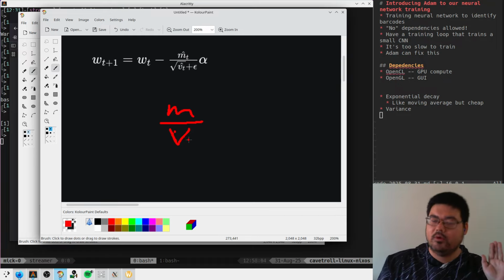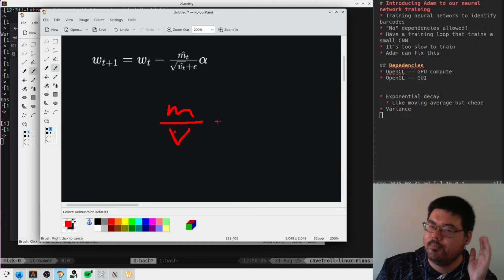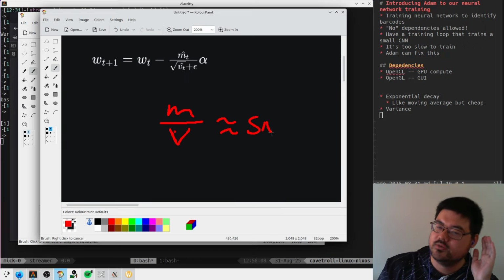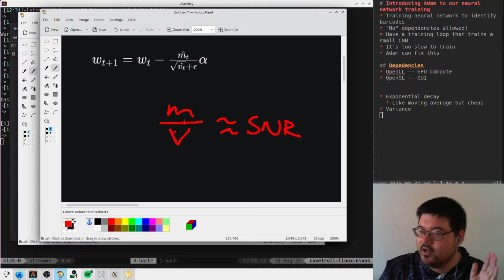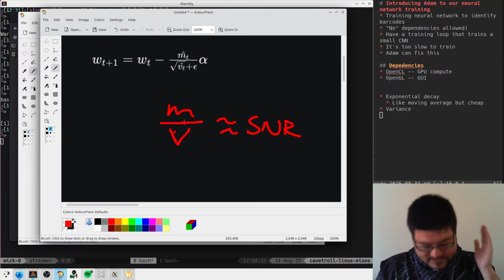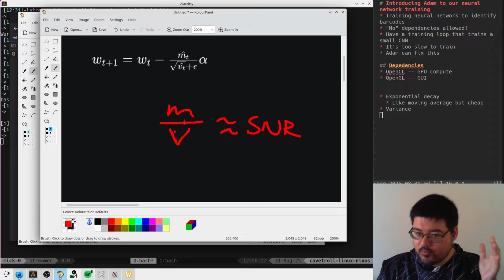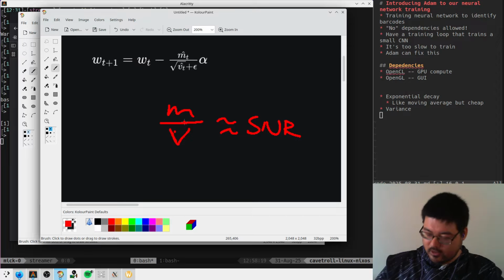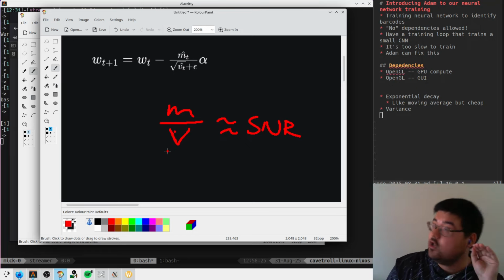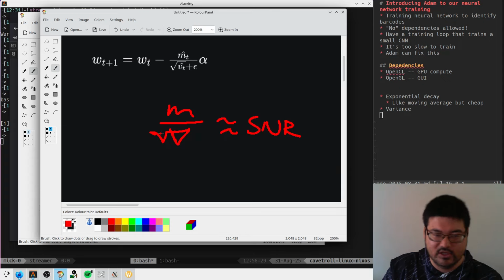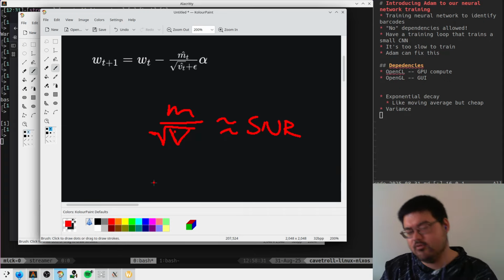This, as the paper calls it, is an approximate signal to noise ratio, right? The idea is that this will be 1 if your data is very consistent, and lower than 1, approaching 0, as your data becomes very inconsistent, which you can imagine is a good, useful piece of information here. I guess it's M over root V, actually, if we're going to be a little bit correct about this. M over root V.